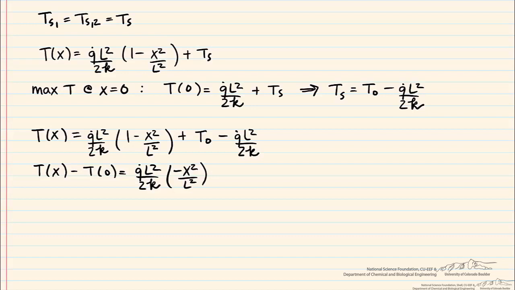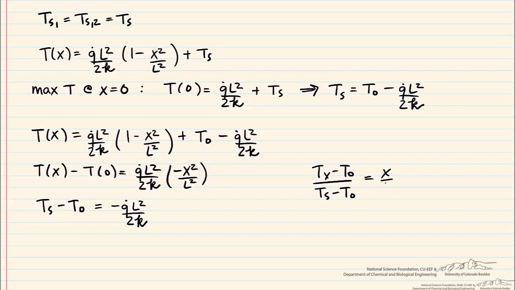So finally, we're going to do Ts minus T0, subtracting the two above, and then give a dimensionless temperature, T of x minus T0 divided by Ts minus T0, and that's just equal to x over L squared.